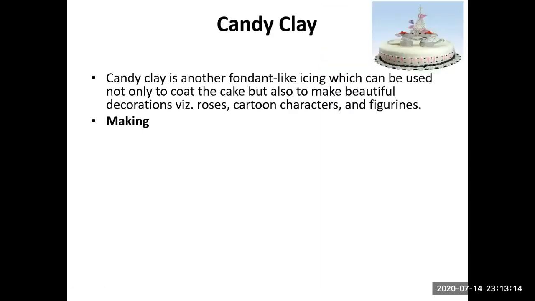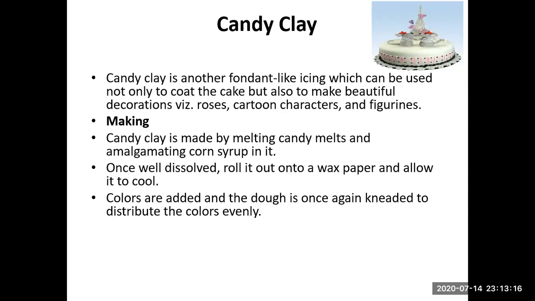Then our last one is candy clay. Candy clay is another kind of fondant-like material. But the difference is that for preparing candy clay, you can use any kind of candy by melting the candy with corn syrup.